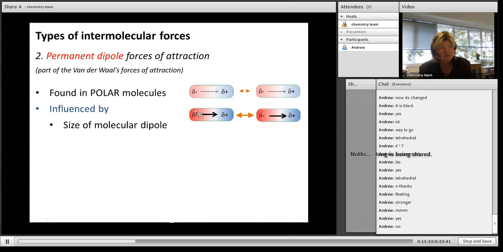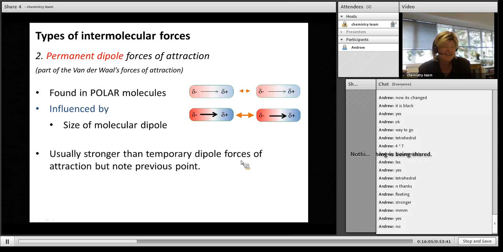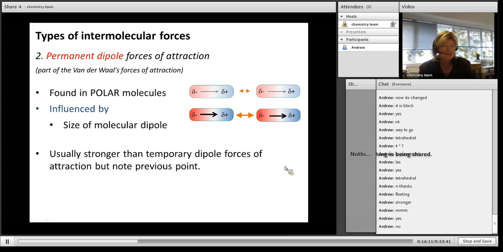But if I have a molecule with a big molecular dipole, so it's fairly negative and fairly positive, then I'm going to have a much stronger attraction between them. Okay, and as I say, they're normally stronger than the temporary dipole because they're there all the time. But remember the factors that influence the temporary dipole.